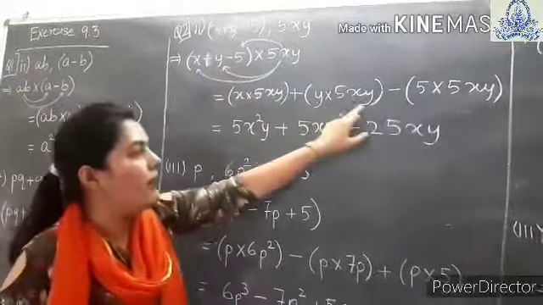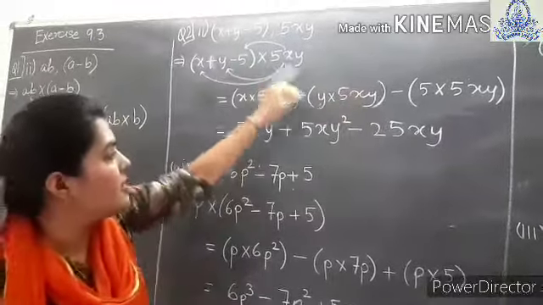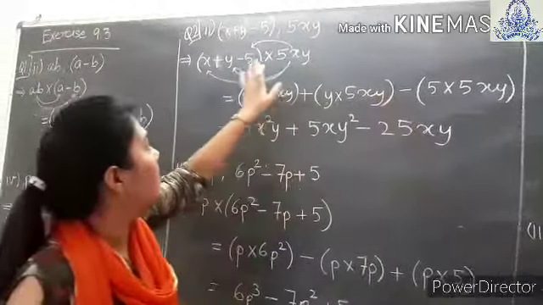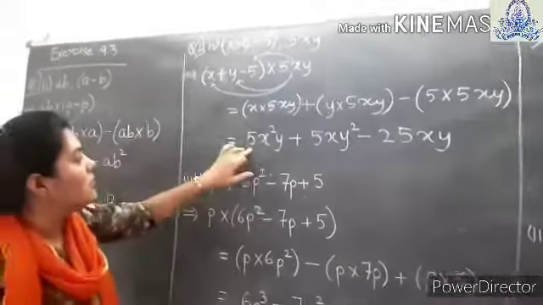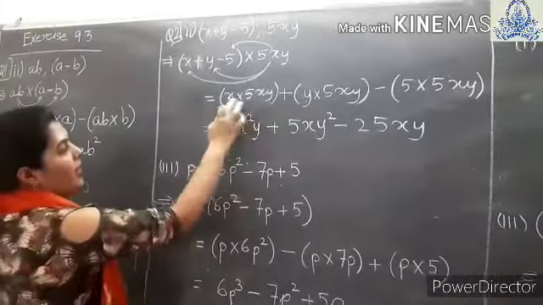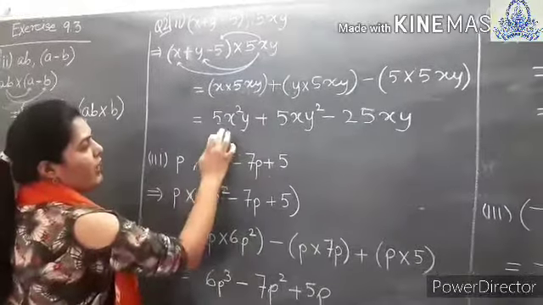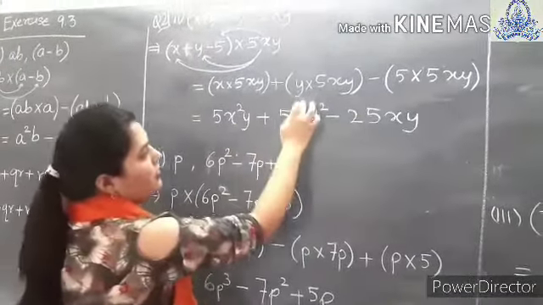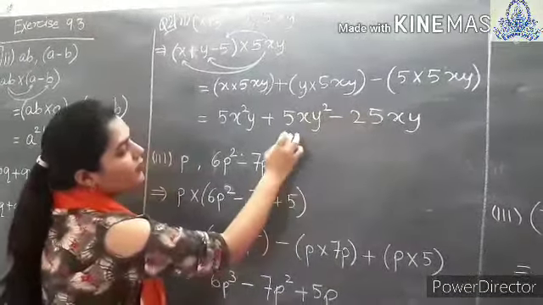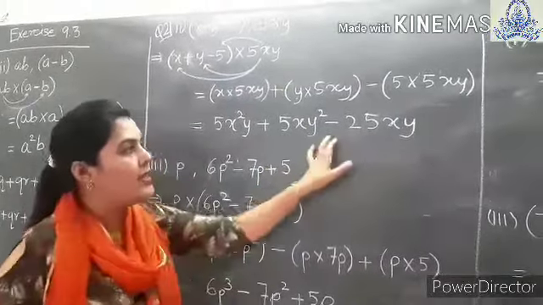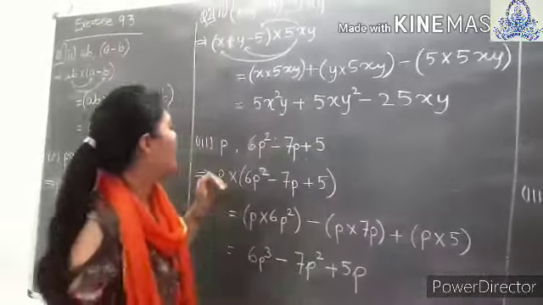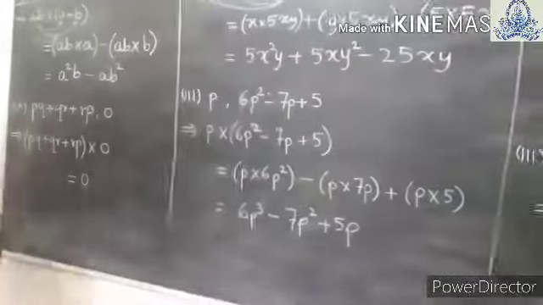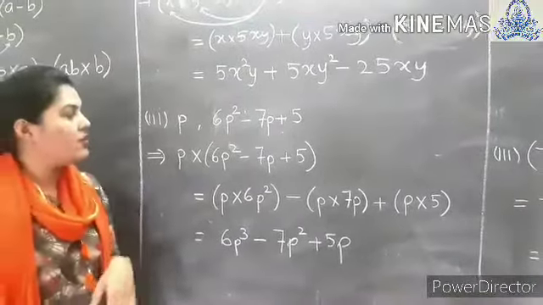Y multiplied by 5xy, minus sign is there, so we have taken the minus sign. 5 multiplied by 5xy. So see, x into 5xy gives you 5x square y, plus y into 5xy gives you 5xy square, minus 5 into 5xy gives you 25xy.